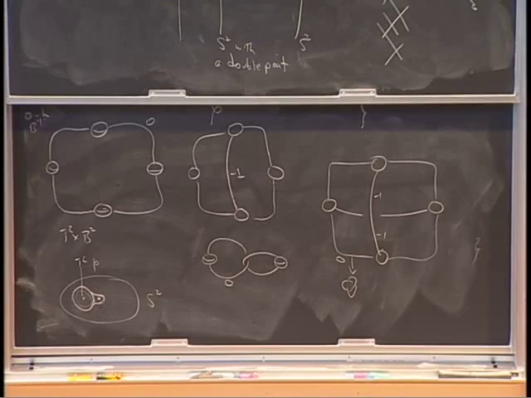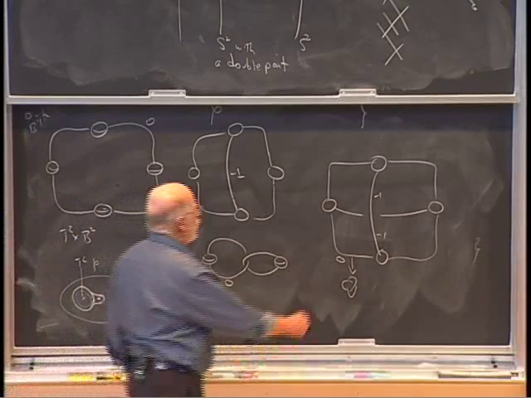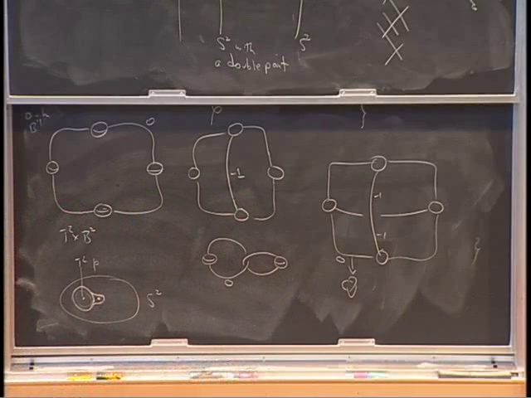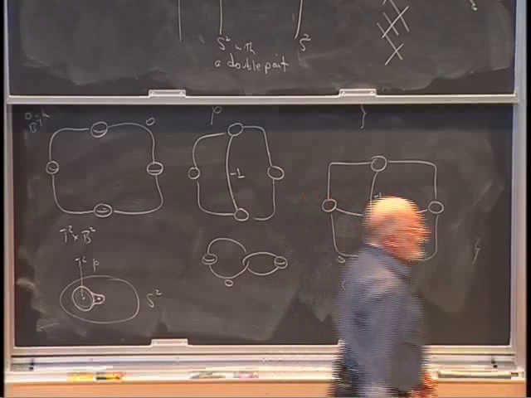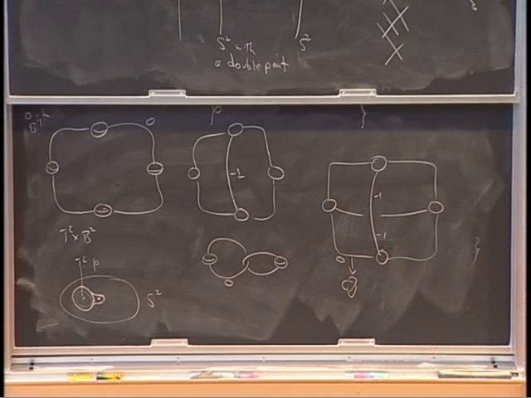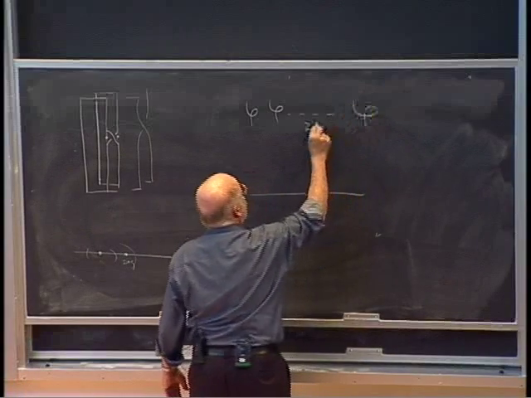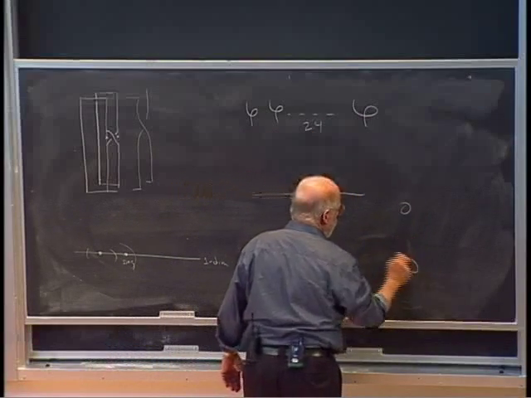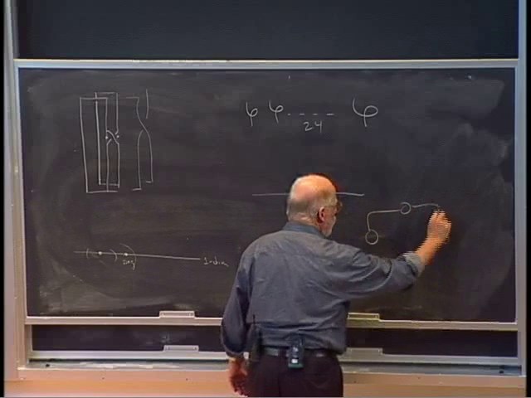But the vanishing cycles alternate, so if I were to draw the whole K3 surface, you just have 24 of these. And what you're doing is attaching these vanishing cycles alternately.